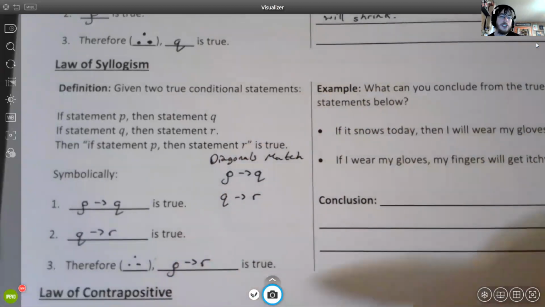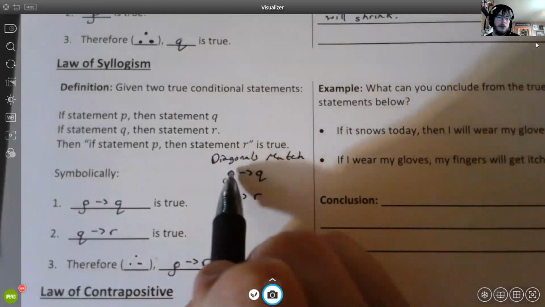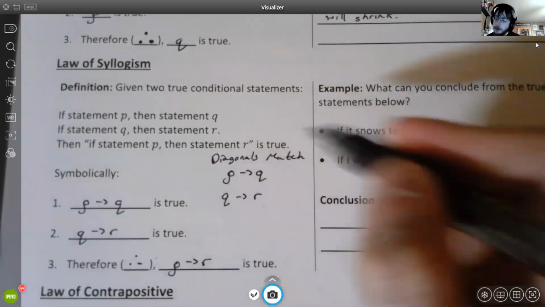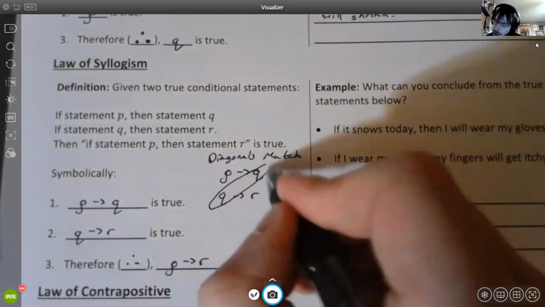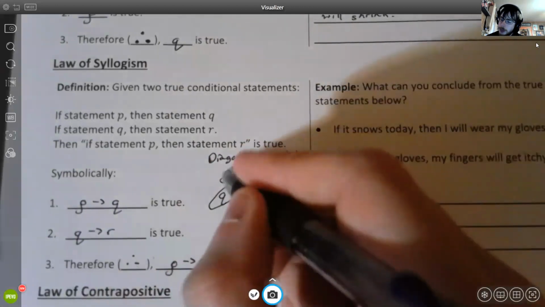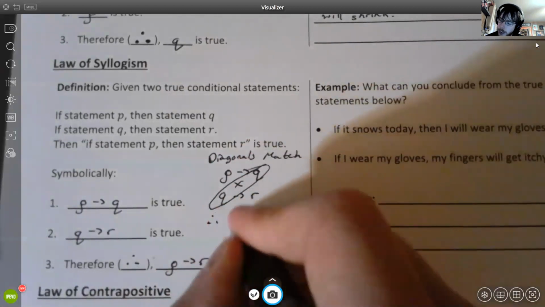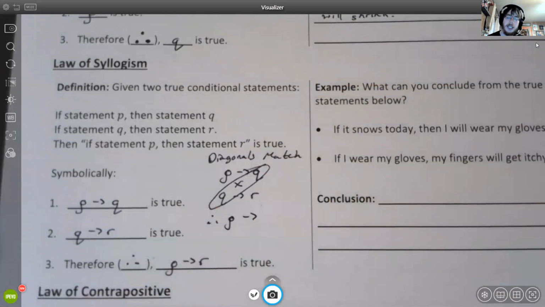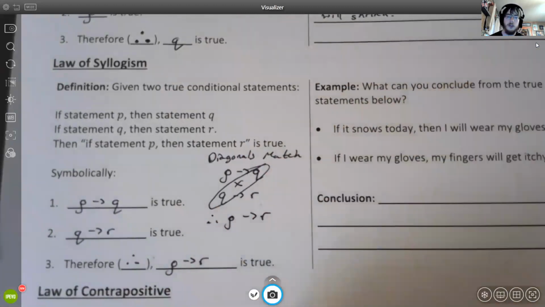And it doesn't matter which diagonal matches, whether it's this diagonal here or this diagonal here. But here, we see that the Q's match. So those cancel each other out. And on the left side, you're left with P. And then on the right side of the arrow, you're left with R. So therefore, P implies R is true.